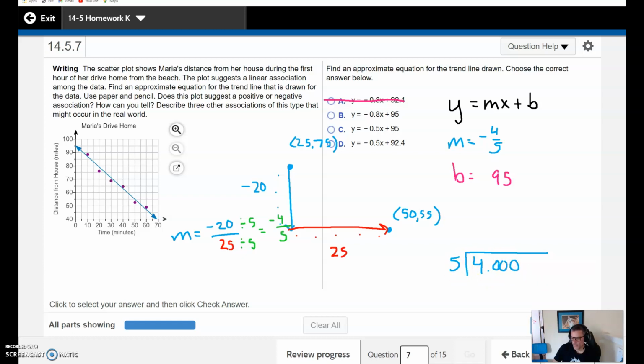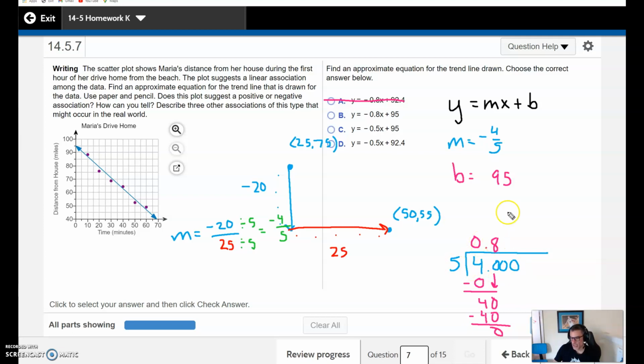5 goes into 4 0 times. 0 times 5 is 0. 4 minus 0 is 4. Then I put a decimal here, and I bring down the next 0. 5 goes into 40 8 times. 8 times 5 is 40. I subtract, and I'm done. Now remember, we were dividing negative 4 by 5.